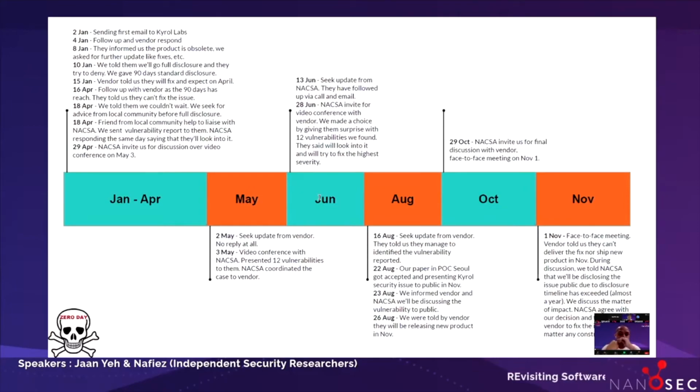And in August itself, we got our paper accepted at the Power of Community, or the POC Seoul Security Conference, where we were about to present hunting vulnerabilities in antivirus products, affecting almost 30 antivirus products around the globe, and one of them was Chiral, which is included in our list.